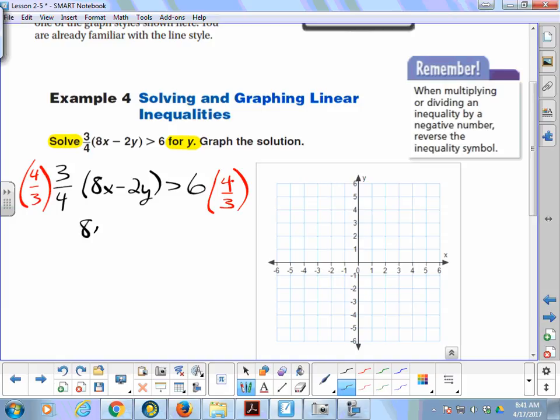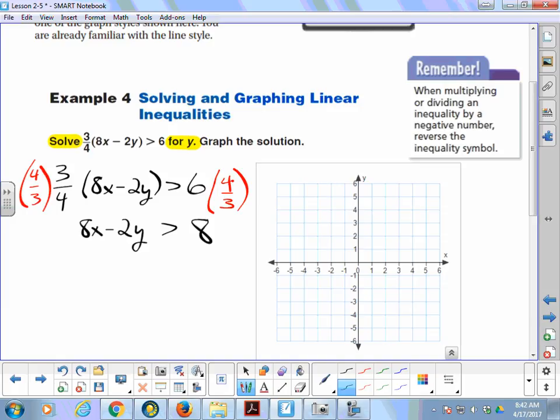So we have 8x minus 2y is greater than, let's see, 6 times 4 is 24, divided by 3 is 8. So at this point in time, you could do the graphing, because we now have it to where I could just find the intercepts, graph them, draw my line.